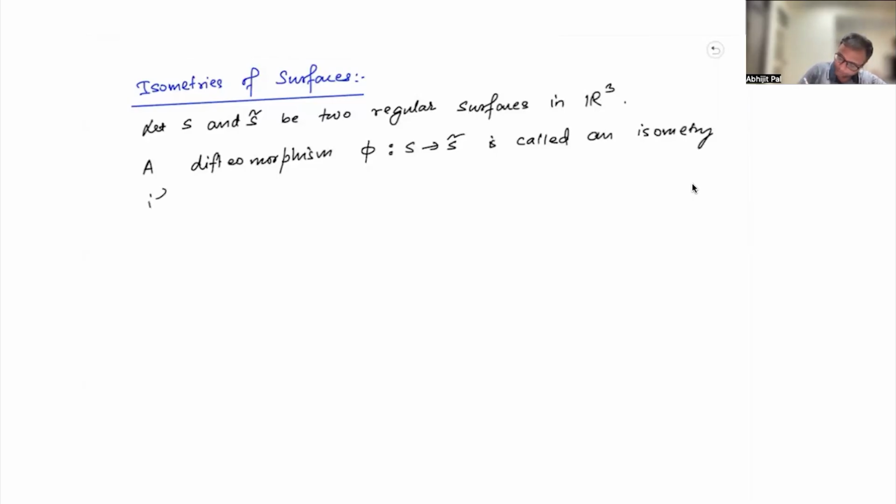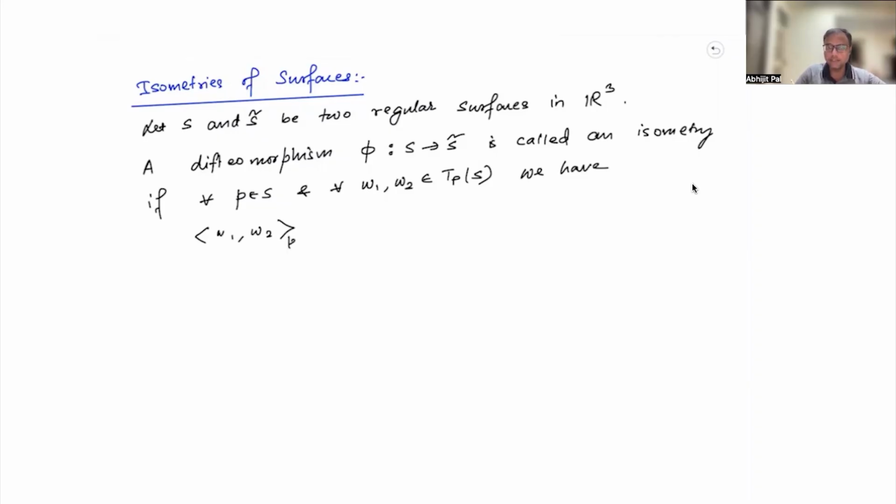So if for all p belonging to S and for all tangent vectors W1, W2, we have the inner product of W1 and W2 is the same as the inner product of d phi p of W1 and d phi p of W2.